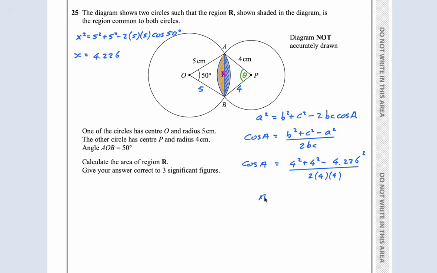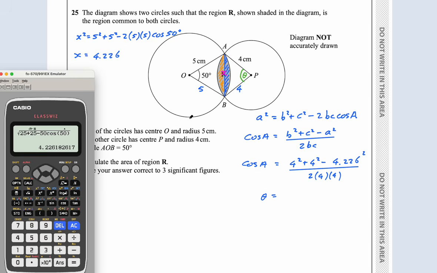So a, which is theta in this case, is equal to inverse cos, so that's shift cos, of all of this. 4 squared is 16, 4 squared is 16, 4.226 squared over 2 times 4 times 4, which is 32. Now close the bracket. Oh, whoops, I need to go back.